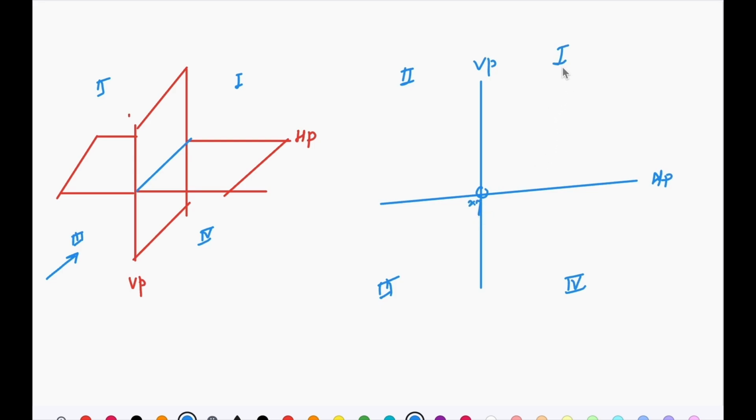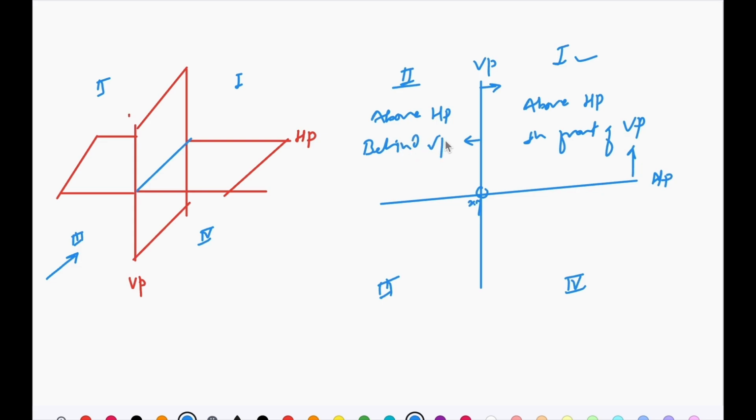Now if I define the position of an object when it is placed in the first quadrant, the position is going to be above the horizontal plane, that is above the HP, and in front of VP. Similarly, when the object is placed in the second quadrant, it is going to be above HP, and this time instead of in front of VP, it will be behind VP.